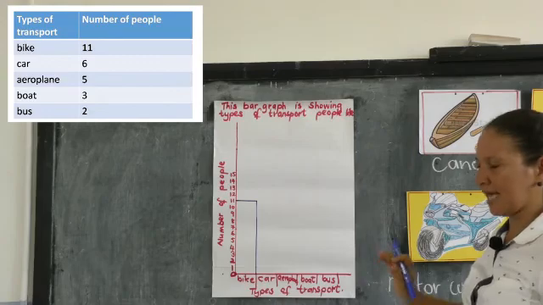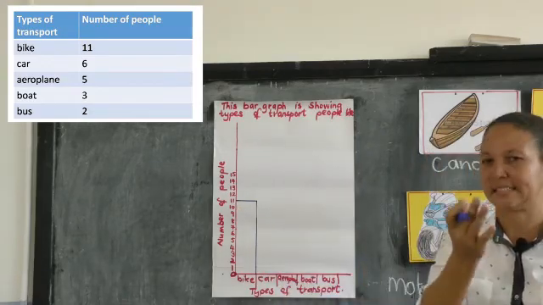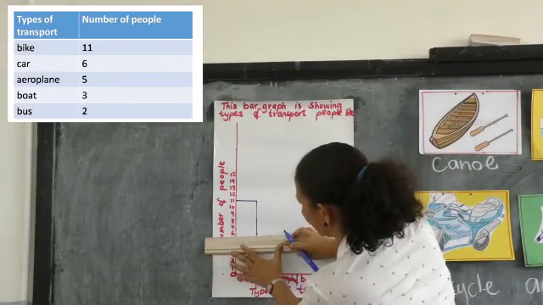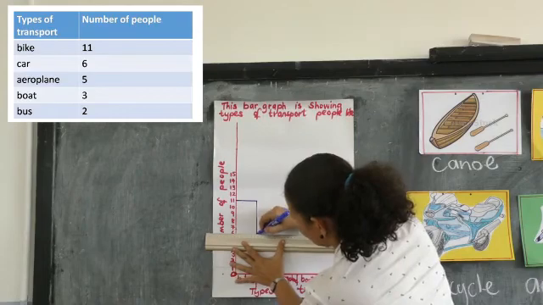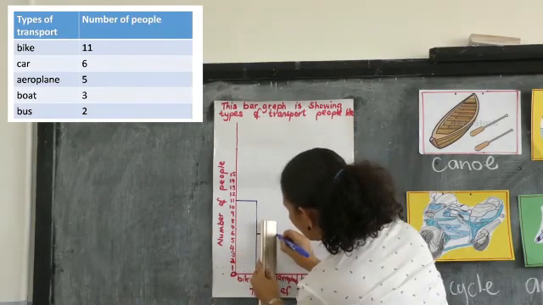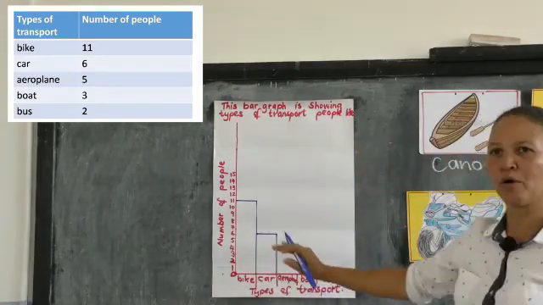Okay? The second one, car, which is how many? 6. Very good. We look for number 6. There it is, number 6. Make sure it is straight. That's why I'm using a ruler. Aeroplane.